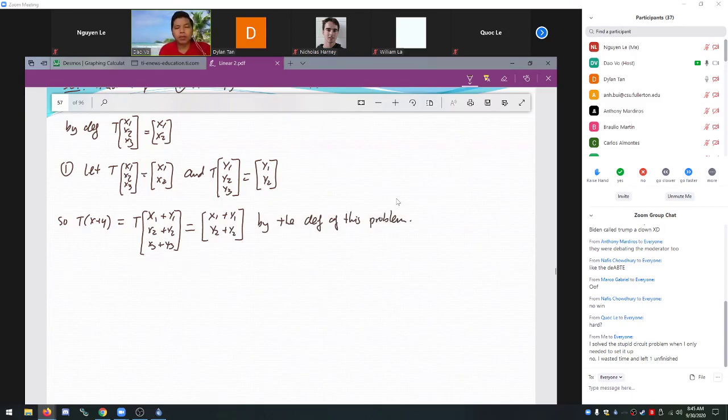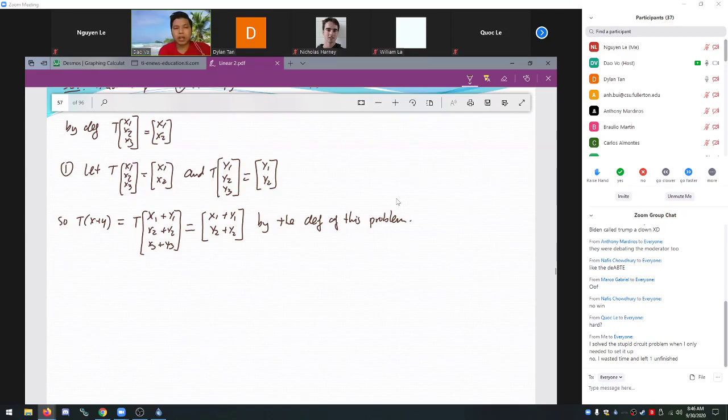This problem says anytime you transform from three-dimensional into two-dimensional, you just cut out the third component. If we have x1, x2, x3, you just cut out x3. If you have y1, y2, y3, you just cut out y3. And if you have x1 plus y1, x2 plus y2, and x3 plus y3, you just cut out the third component, which is x3 plus y3.